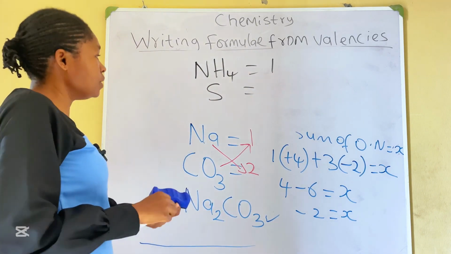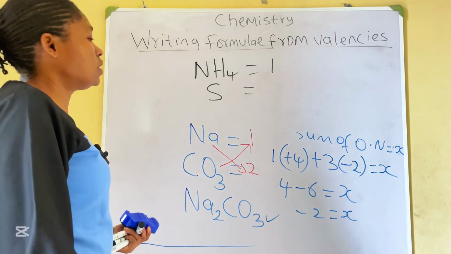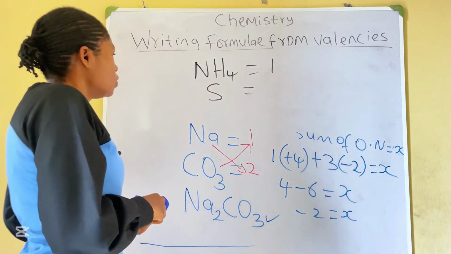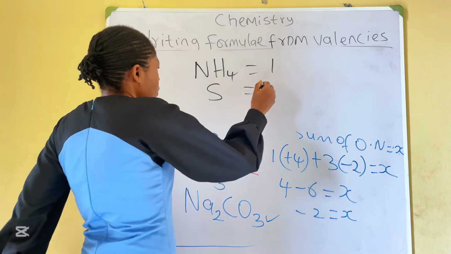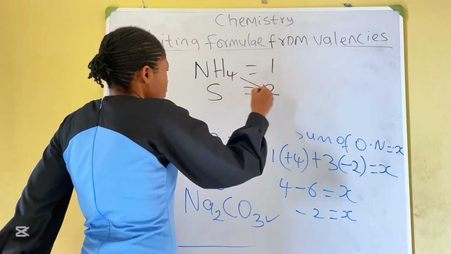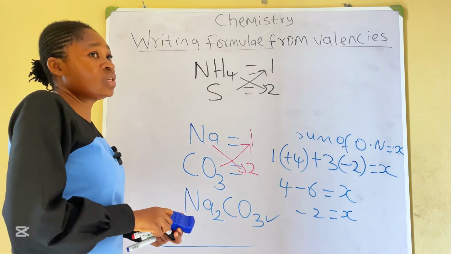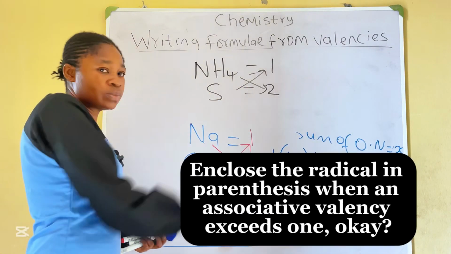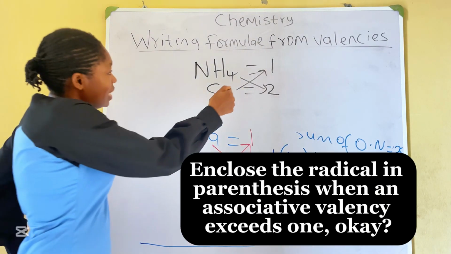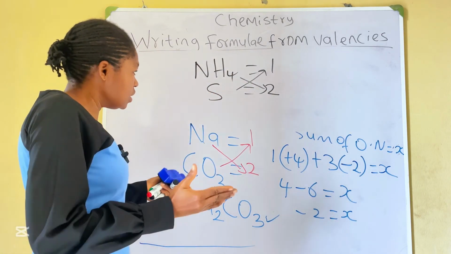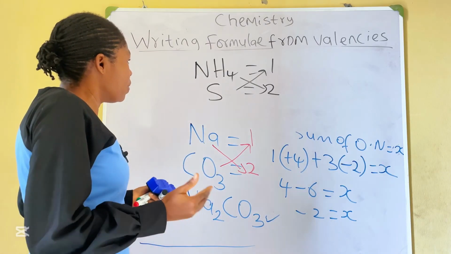Remember, sulfur is 16, 2,8,6. So the valency of sulfur will be 2. It needs 2 to obtain octet configuration. So that's 2. Interchange. Remember, there's a rule that says if a valency that's more than 1 is coming to interchange with a radical, enclose it in what?